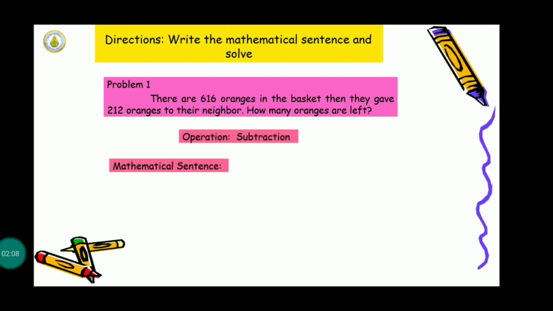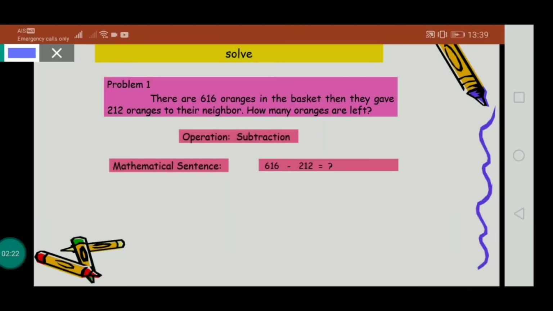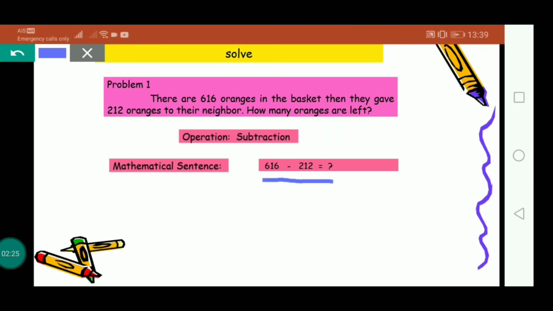Let's write our mathematical sentence, or our number sentence. That is our step 1. So our number sentence will be 616 minus 212 equals, what will be our answer?